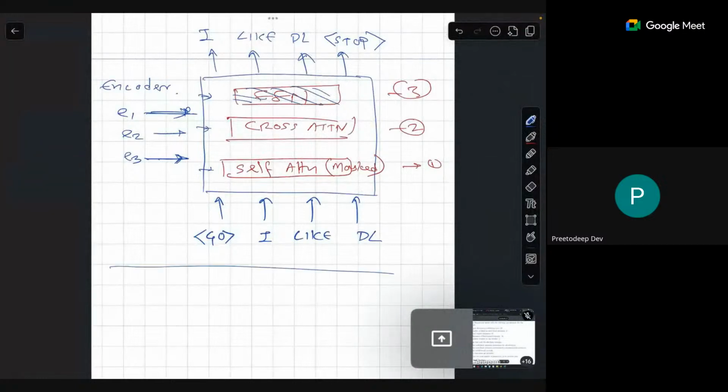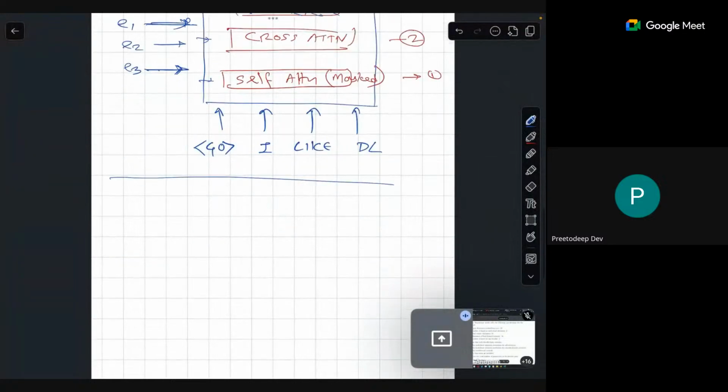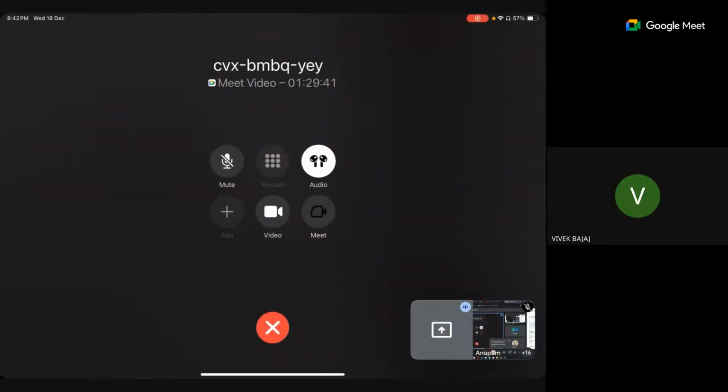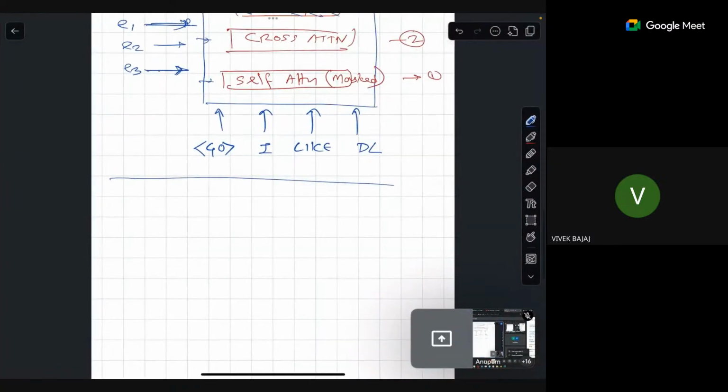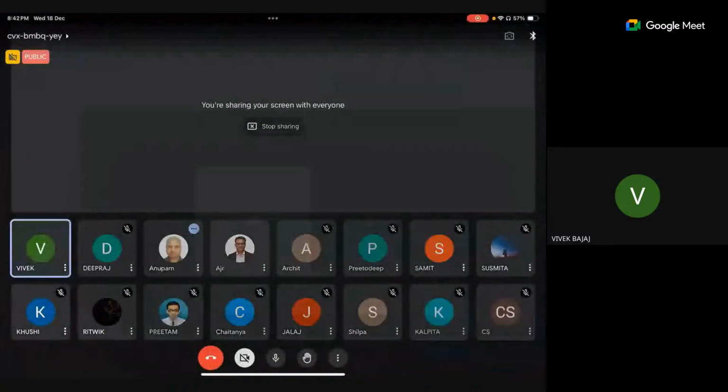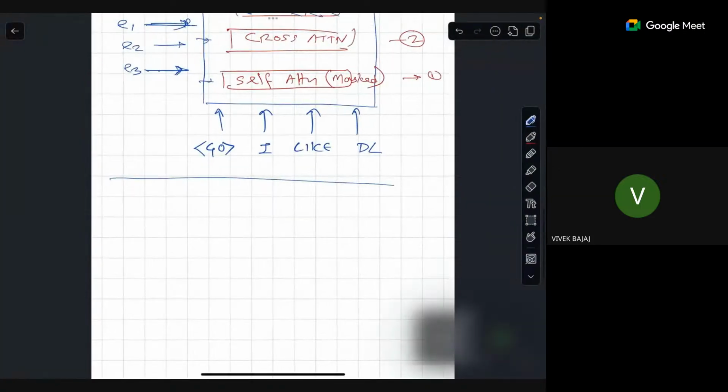Okay, can you still see the screen? Yes, we can see the screen. Anyways, the input is 20-dimensional embeddings.